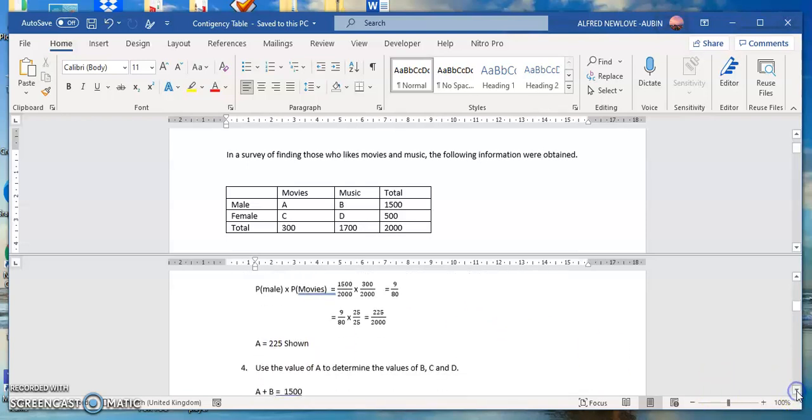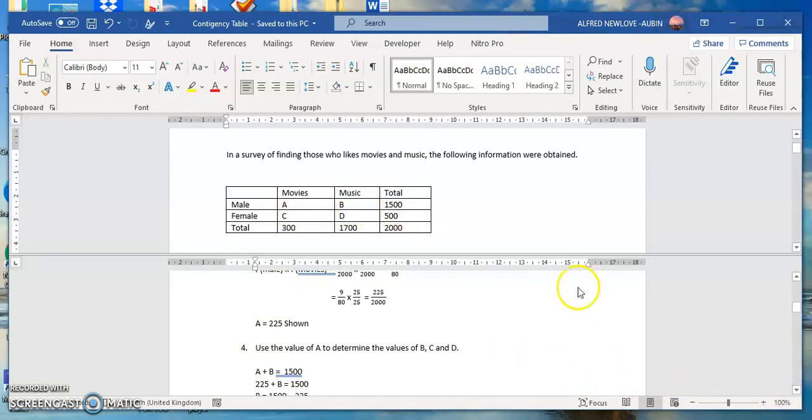Let's look at the next one. Use the value of A to determine the values of B, C, and D. Now, we've gotten the value of A to be 225. How are you going to get B? Remember, if you add these values, you should get 1,500. So it means A plus B is equal to 1,500.